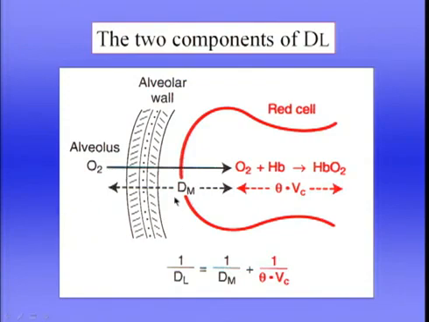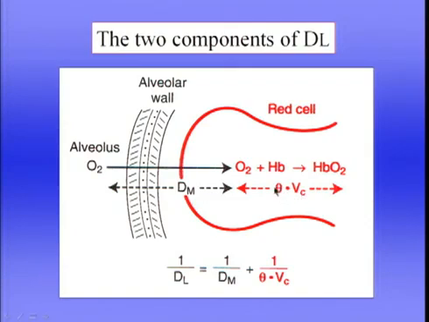So that's the diffusing capacity of that membrane. That's the physical diffusion process. And the second is this reaction rate of the oxygen with the hemoglobin. We're going to indicate that as theta Vc, where theta is the rate of reaction of oxygen with hemoglobin, and Vc is the volume of blood in the pulmonary capillary. Incidentally, V here means volume, and the lowercase c is used because we're talking about blood, volume of blood in the pulmonary capillary.